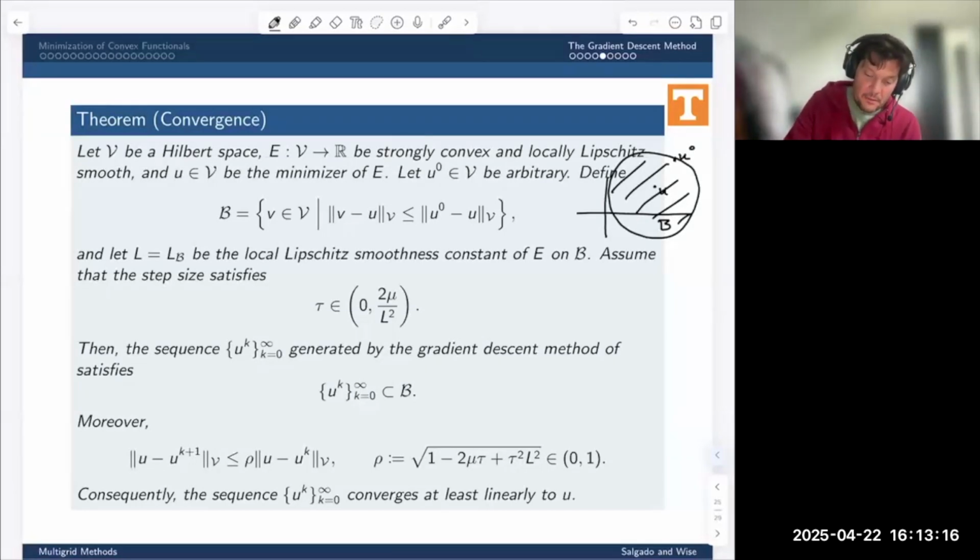We're going to let L be our local Lipschitz smoothness constant for our functional E on this set B. And we're going to assume that our step sizes satisfy that they're greater than 0, that's always assumed, and strictly less than 2 mu over L squared.